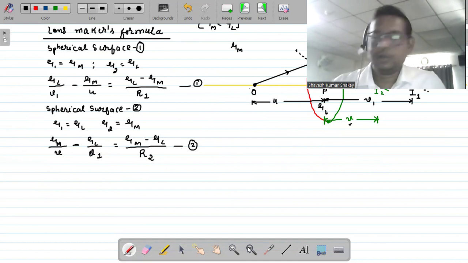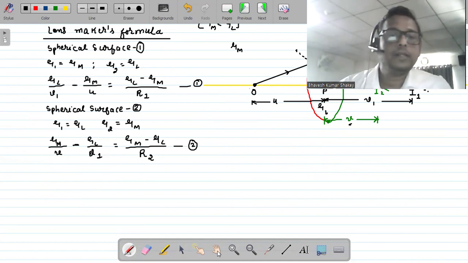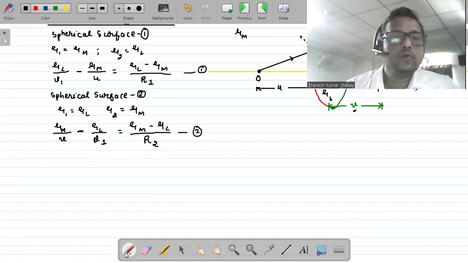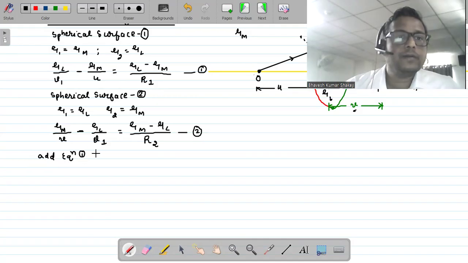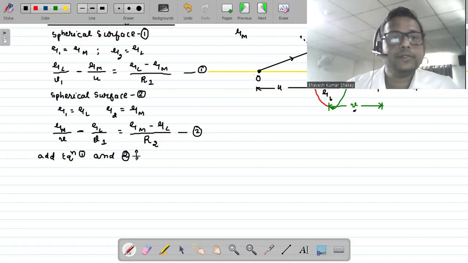Now let's add both these equations, equation 1 and 2.